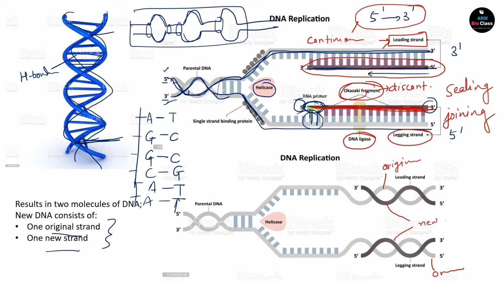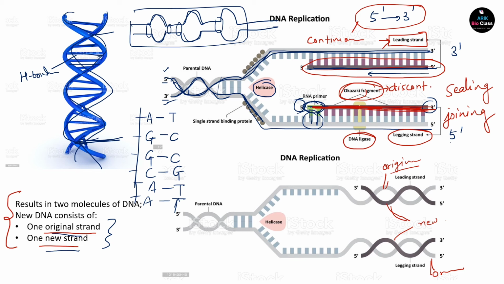So we have now the leading strand and the lagging strand, and this one is called original, and these two are newly constructed. This is again original. So this is how we get the result of DNA replication, where you find one original strand, the light blue, and one new strand, the dark blue or gray, whatever it looks like to us, right?